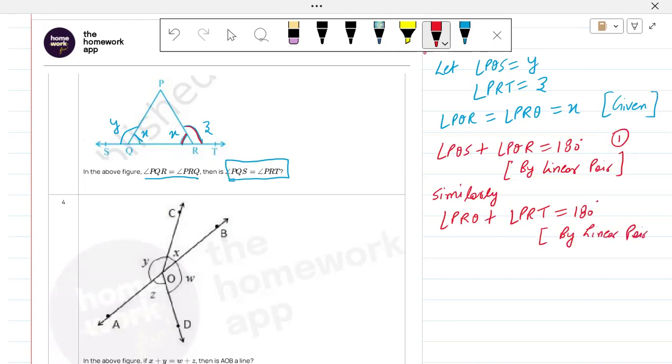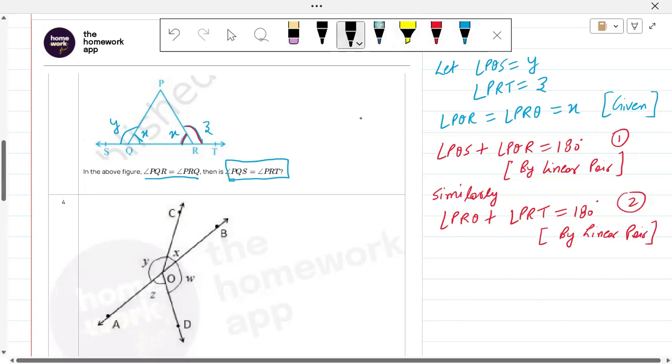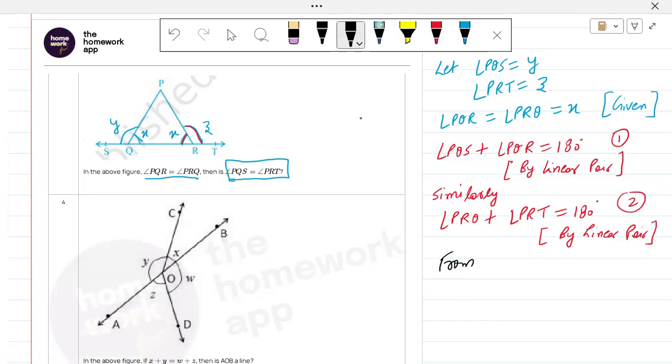Now you can mark this equation number 2. From equation 1 and 2, you know that this is also equal to 180 degree and this is also equal to 180 degree. So you can write here angle PQS plus angle PQR is equal to angle PRQ plus angle PRT.